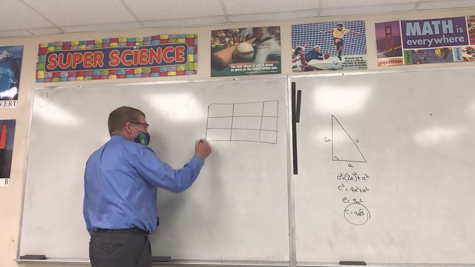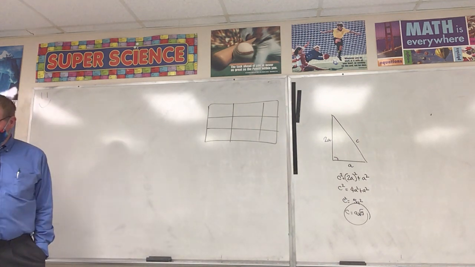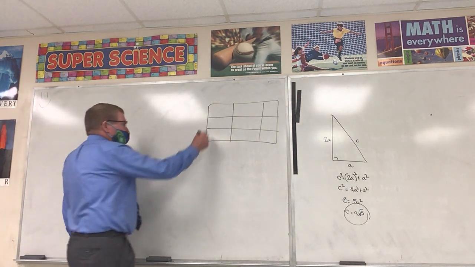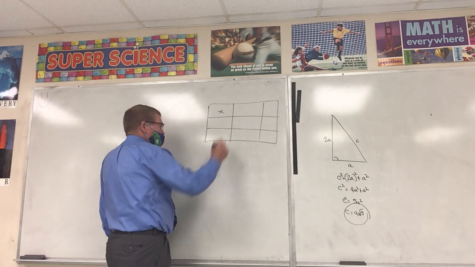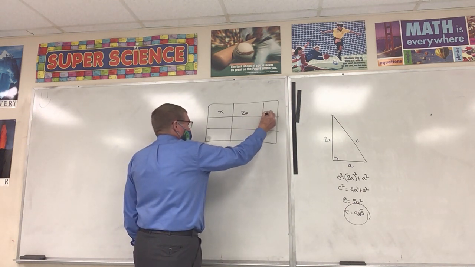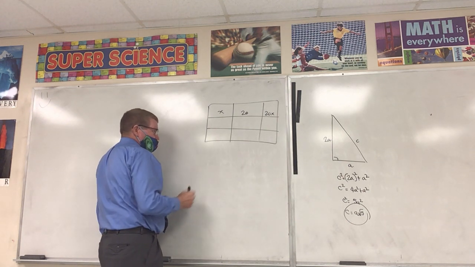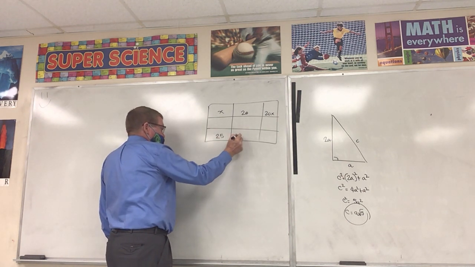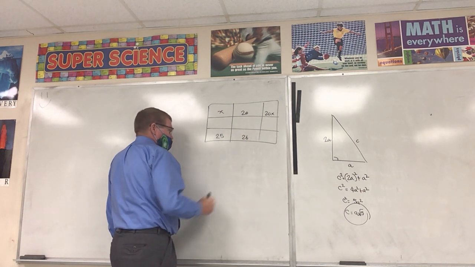Not 20%. Not in the upper left. The x. What's in the middle? 20. And the last? 20x. What's in the bottom? 25. Middle? 26. 650.